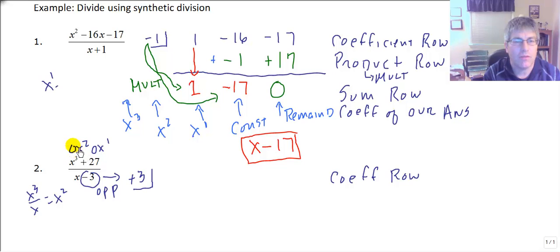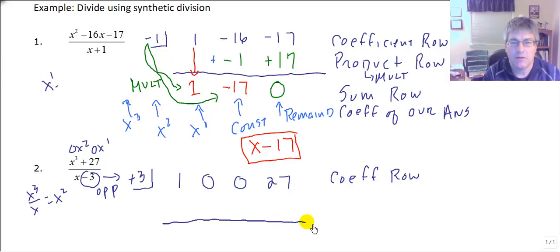We have 0 there. So we're going to need to put placeholders in our coefficient row. So our coefficients, x cubed, the coefficient of x cubed is 1, and then x squared is 0, and x is 0, and then our constant of 27.